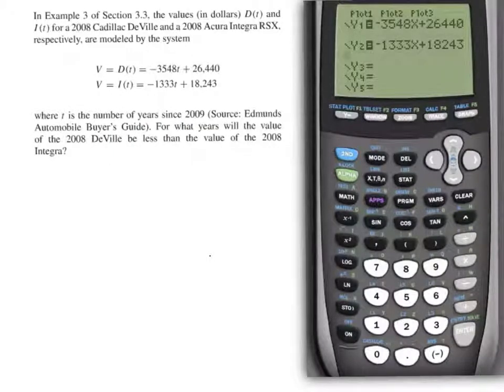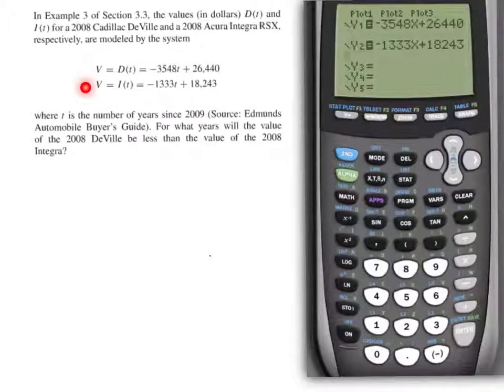Okay, now let's look at an application. In this case, we're given two models for the values of a Cadillac DeVille and an Acura Integra t years after 2009. And the top equation represents the DeVille, and the bottom equation represents the Integra. And these are the values of a 2008 vehicle in each case, t years since 2009.